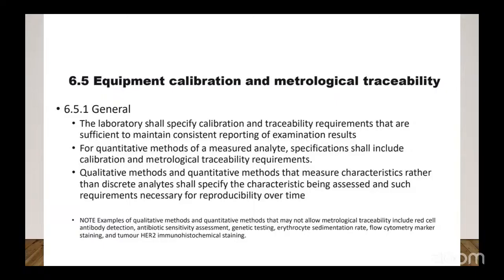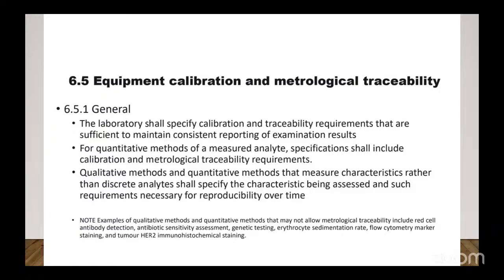So what we are saying here is that for every one of your quantitative tests on the equipment, you should have your metrological traceability and calibrations for it. So it has to be calibrated and up to date. Because when an equipment is not calibrated, then the quality of the results is highly questionable.